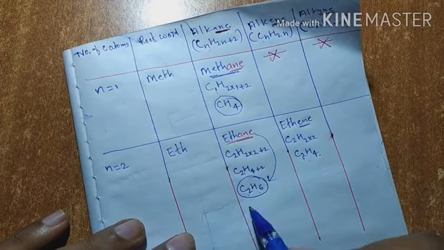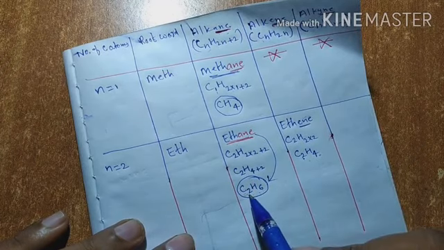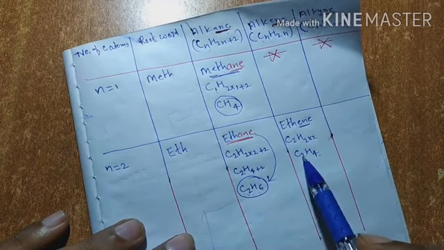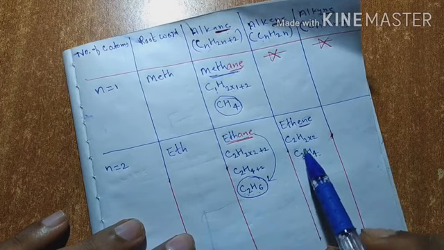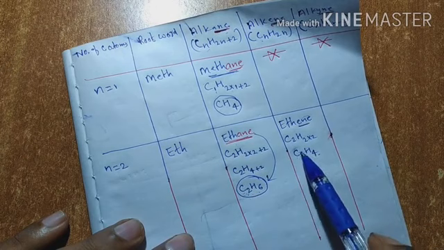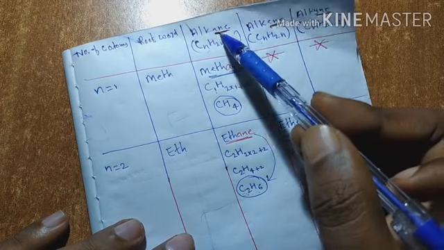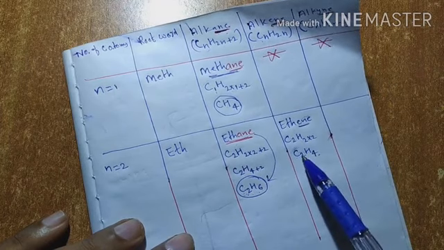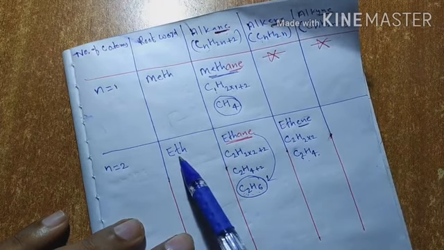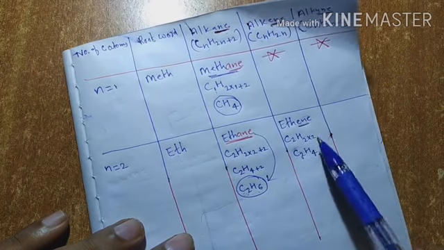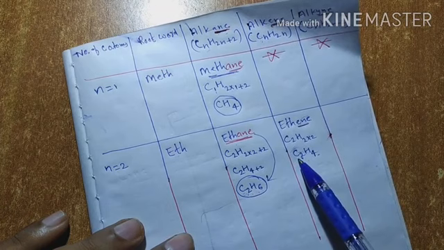First you write eth, and since it is 2n plus 2, you read ethane. For just a double bond, with 2 carbon atoms, eth will be there, and you add the suffix ene, so you read ethene.